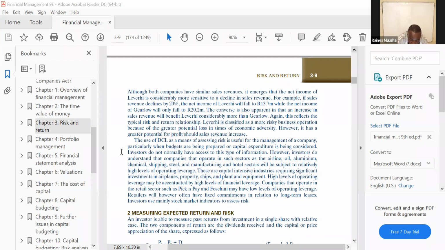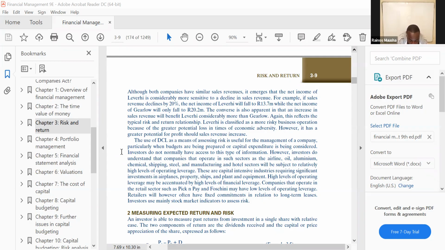However, investors do understand that companies that operate in such sectors as the airline, oil and aluminium, chemical, shipping, steel, manufacturing, and hotel sectors will be subject to relatively high levels of operating leverage. These are capital-intensive industries requiring significant investment in airplanes, property, ships, and plant and equipment.